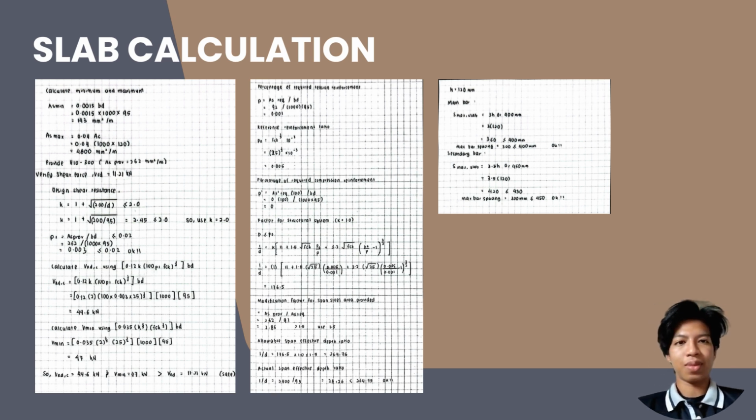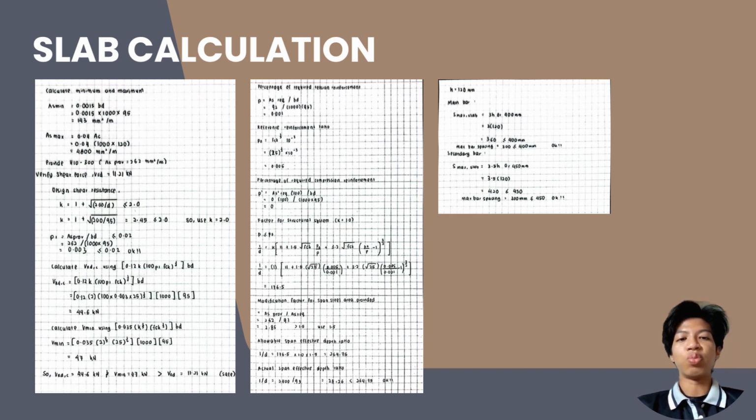And then we need to get a new P, which we got as 0.001, and P0 equal to 0.005. Our P prime equals 0. So our L per D equals 176.5. The modification factor for span steel area provided equals AS provided per AS required.